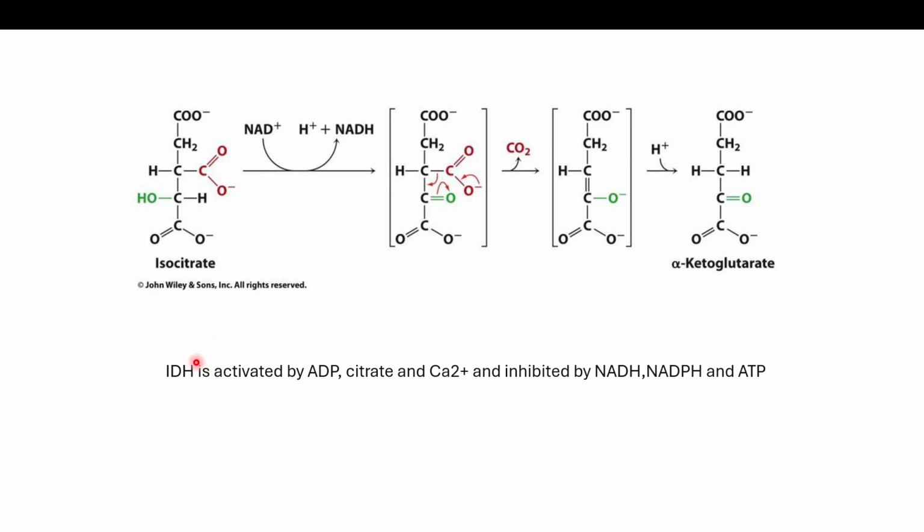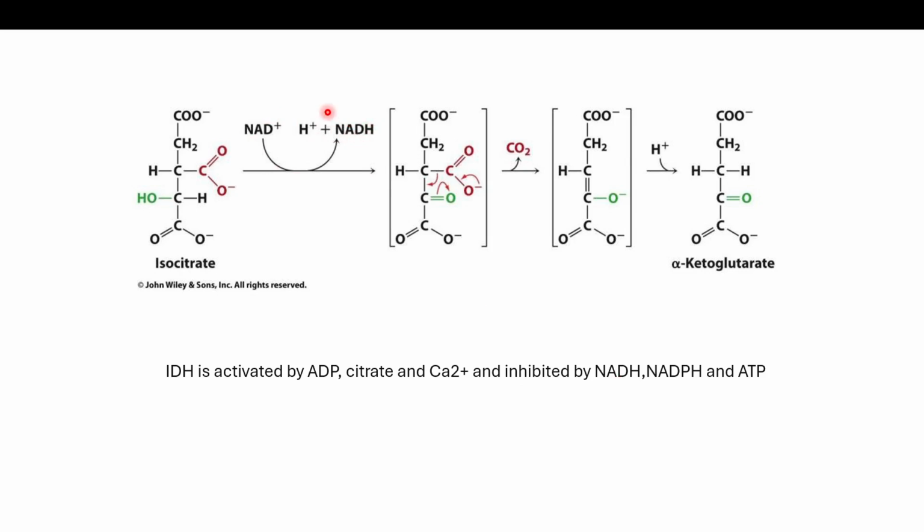Here, isocitrate, reducing NAD plus, gives off CO2 as well and leads to alpha ketoglutarate. Okay, this is the overall reaction that takes place in this sequence, right? Isocitrate dehydrogenase is activated by ADP, citrate and Ca2 plus, but inhibited by NADH.